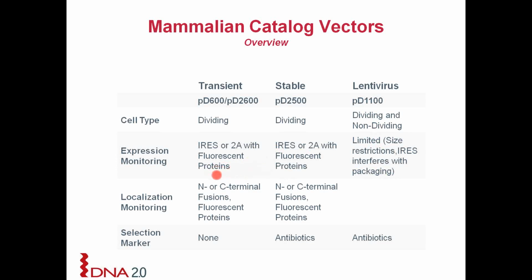We also have expression monitoring using fluorescent proteins such as our IP-free Cayenne RFP and our IP-free Dasher GFP. We have also added additional elements for localization monitoring such as N and C terminal fusions and fluorescent proteins, the same IP-free GFP and RFPs. And the stable vectors and the lentiviral vectors are available with antibiotic selection markers.